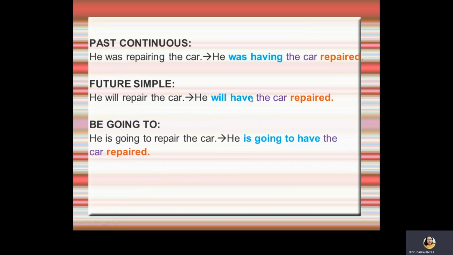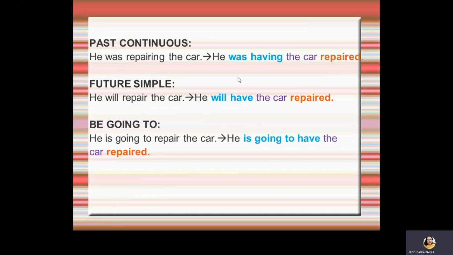Some other tenses. Past continuous. He was repairing the car. And the causative, he was having the car repaired. He will repair the car. He will have the car repaired. All the time we're going to add the verb have or get.